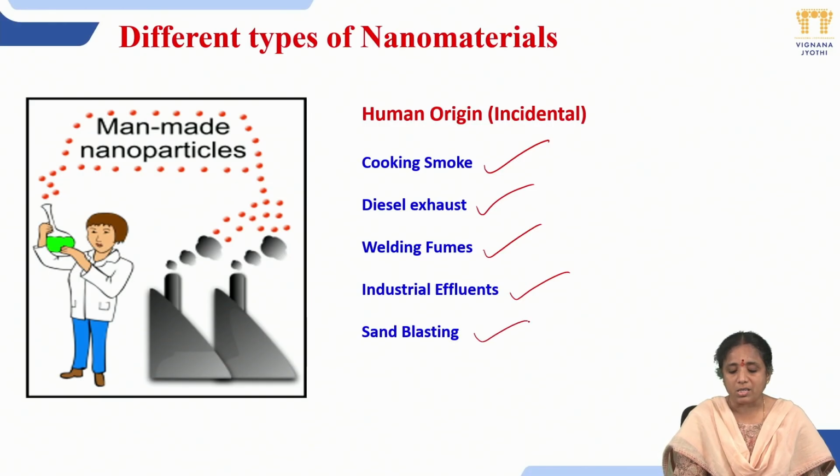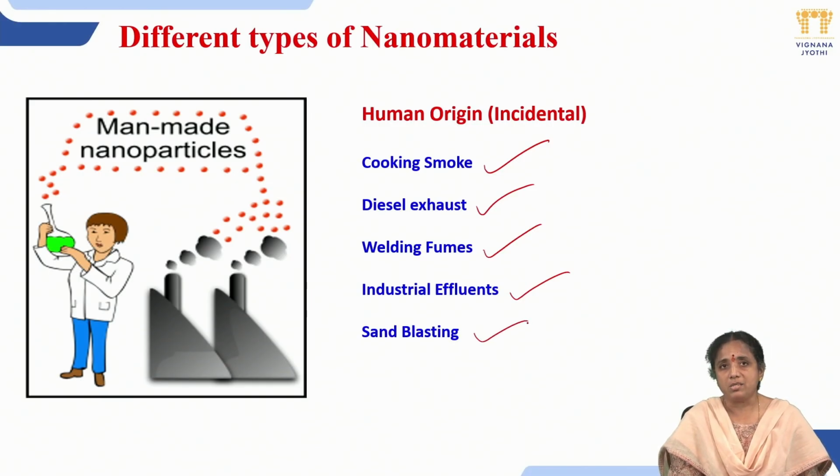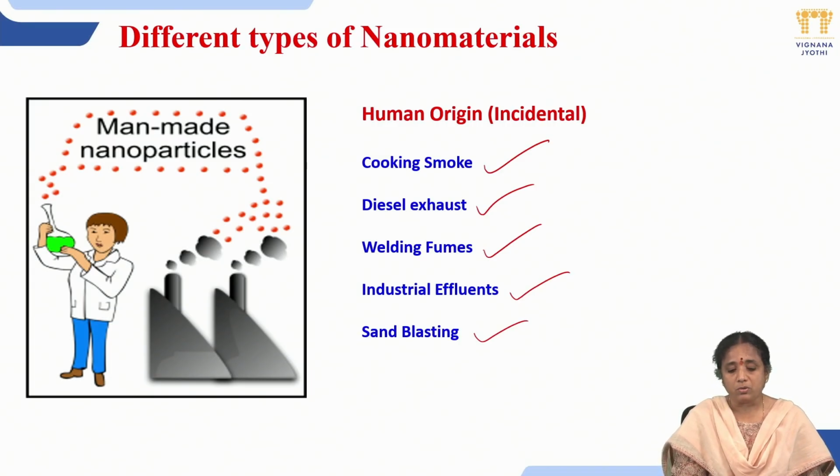And then sandblasting. All of you are aware of sandblasting very well. Whenever there is sandblasting, a large amount of ash and sand comes into the air, which can cause very much damage to the people around it. So these are all the incidental nanoparticles.